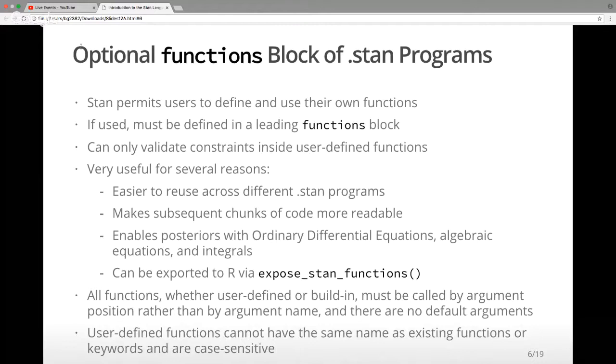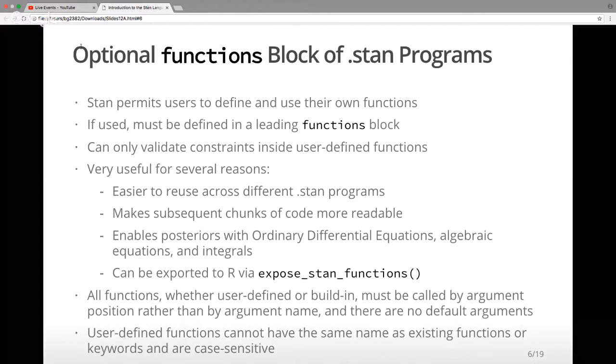Stan permits users to define and use their own functions, which we have been using a little bit in the first part of the semester to write functions that draw from a prior predictive distribution or evaluate the sampling distribution of some frequentist estimator, etc. So we have some familiarity with this already. If you're going to do those, you have to define them in a functions block as opposed to just anywhere you want. It has to be in the functions block, and the functions block has to come first.